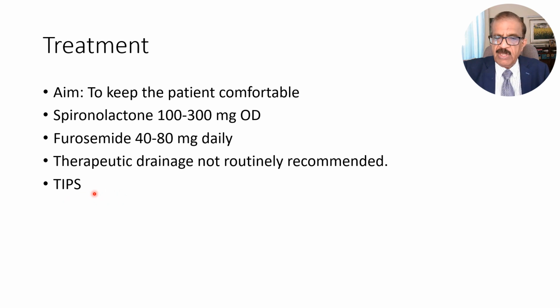Those who are interested can refer to that video, but very briefly, a shunt is created inside the liver by a minimally invasive procedure to allow portal blood to shunt to the systemic circulation through a conduit and then go to the hepatic vein, and that would reduce portal pressure. And since that is the main factor responsible for ascites, ascites formation will be reduced. So TIPS is one of the procedures.